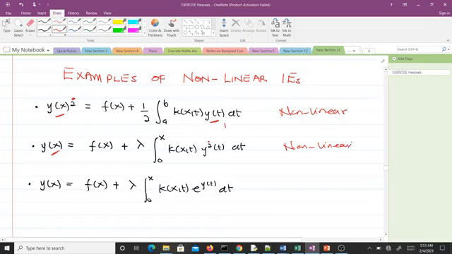And here, we have our y of x. When you come here, you could see that this is replaced with a transcendental function, right? Making it nonlinear. That's the e to the y of t, okay? So that's the reason why the third example is also nonlinear. Alright. I hope you understand the classification based on linearity.